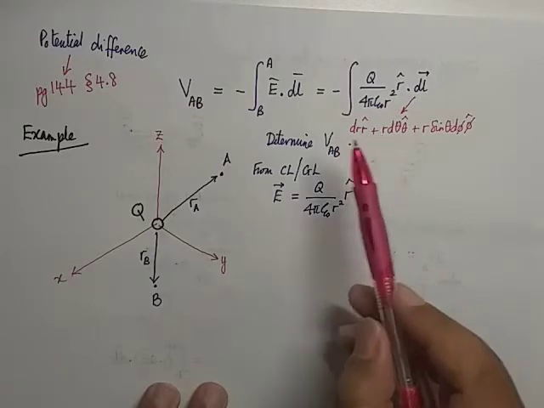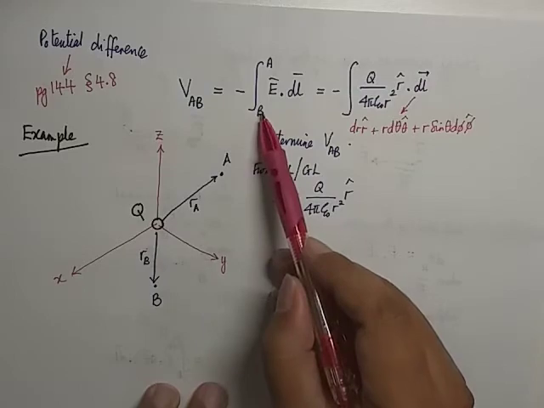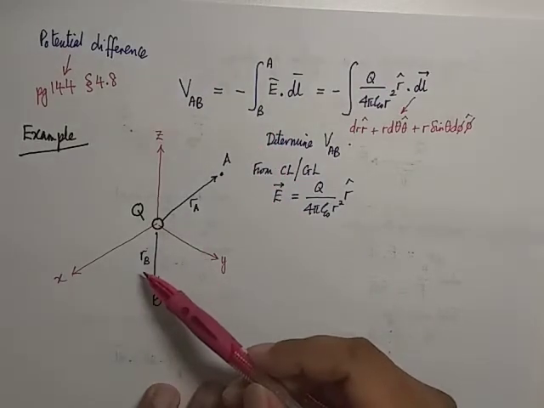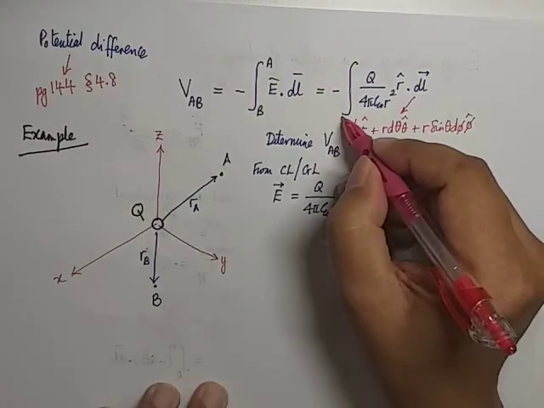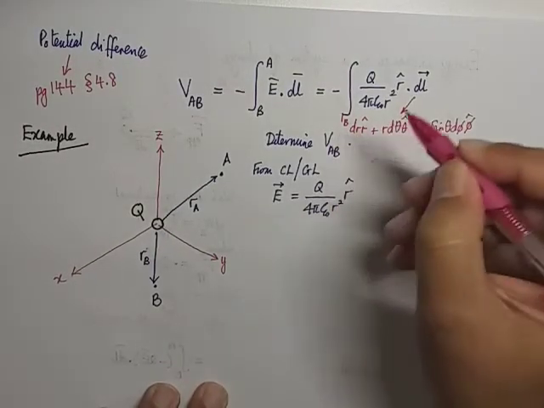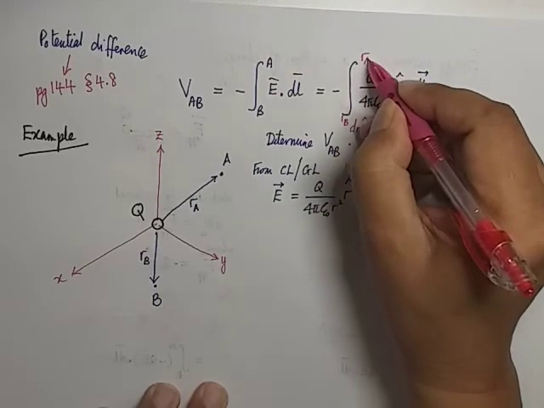For point B, the limit should be RB. For point A, the limit should be RA. So let's substitute now. Here should be RB, the radius of B, and here should be RA.